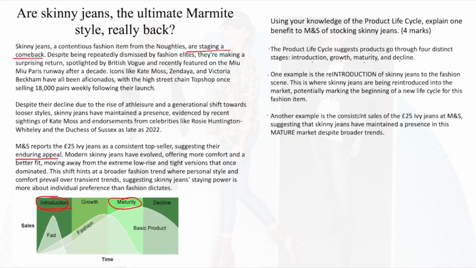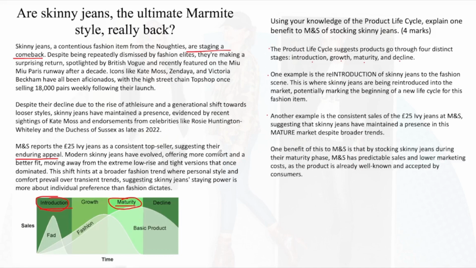The example of consistent sales of the £25 Ivy jeans suggests that skinny jeans have maintained a presence in this mature market despite broader trends. Okay, so we've got the language of maturity, and then we need to answer the question, one benefit of this. One benefit to M&S of stocking skinny jeans during the maturity phase is that M&S has predictable sales and lower marketing costs, as the product is already well known and accepted by consumers.